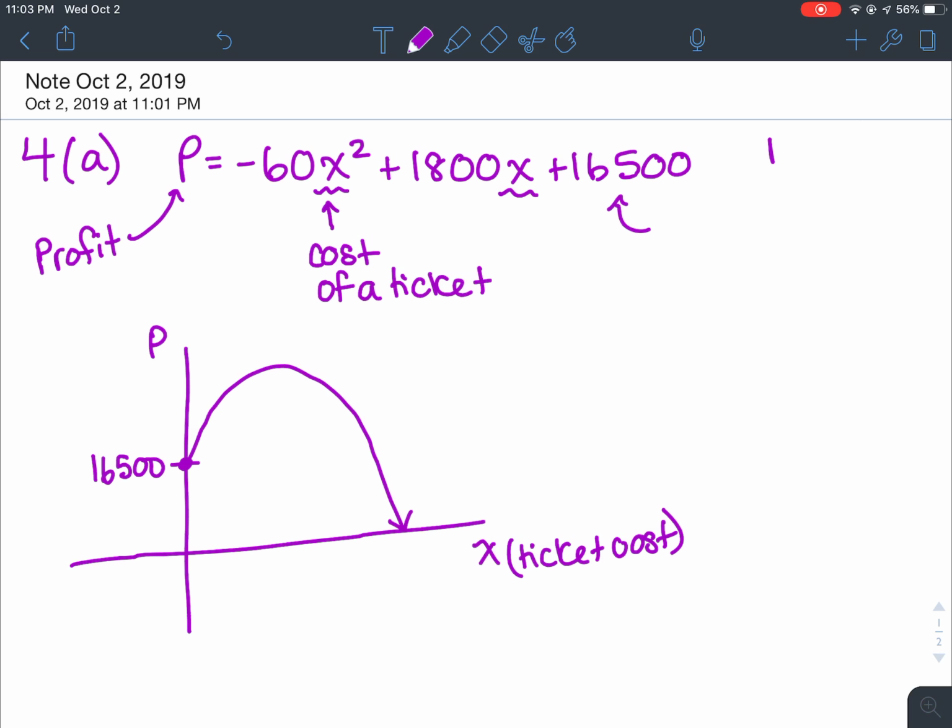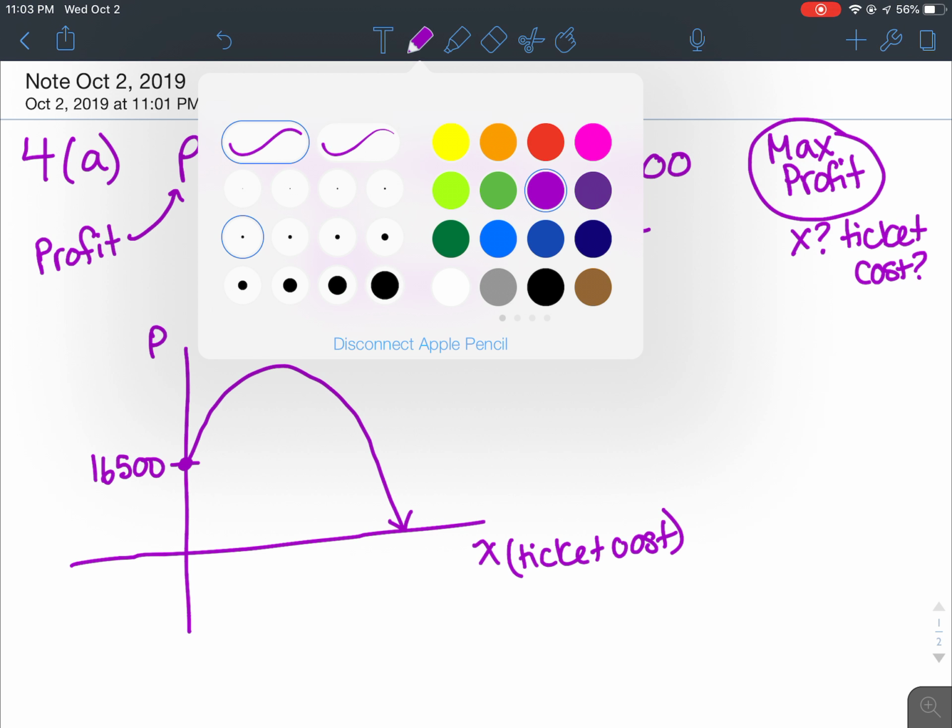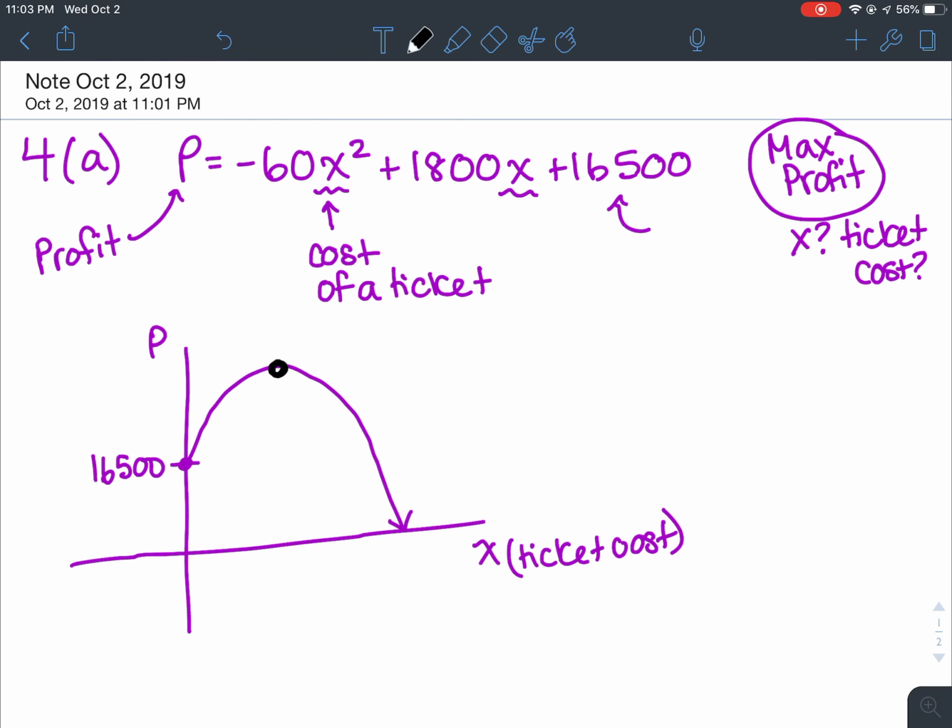So the question was asking, how much should you charge to maximize profit? So you want to have the max profit. So you're looking at what's X? How much should the ticket cost? As soon as I see the max, I right away know I'm looking for the vertex because of that word.